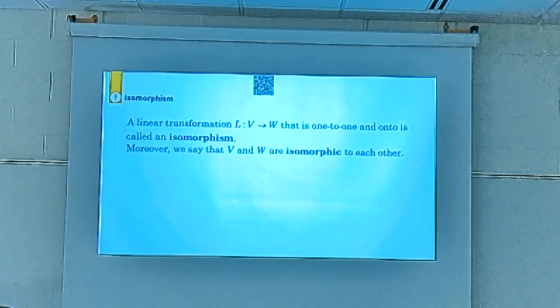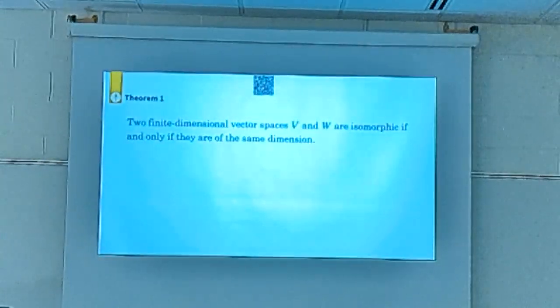As a result of this, finite dimensional vector spaces V and W are isomorphic if and only if they have the same dimension. Any vector spaces that have the same dimension are automatically isomorphic, which means they behave the same.